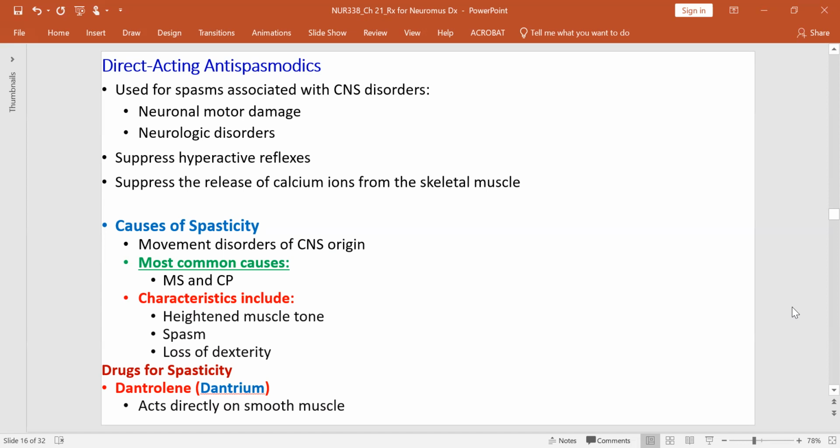I think some of you have seen or taken care of patients who are really contracted at the elbow, the knee joint, and also the hip. When they are contracted, that's spasticity due to multiple sclerosis or other neurologic disorders.